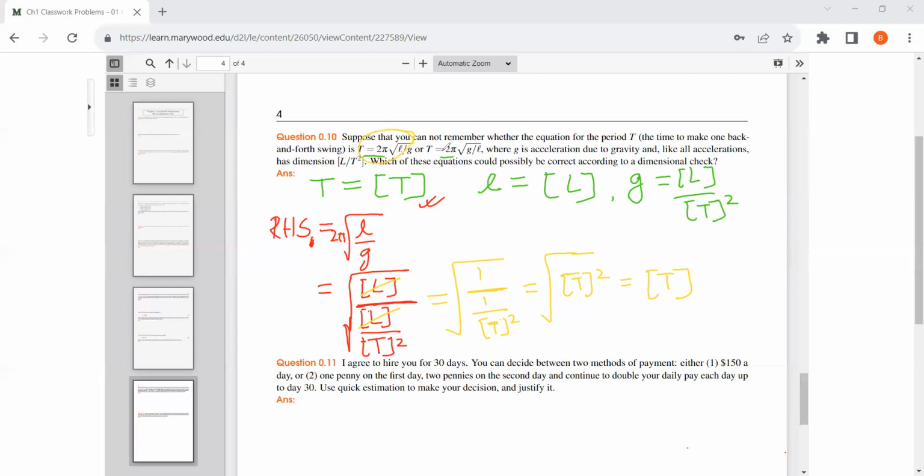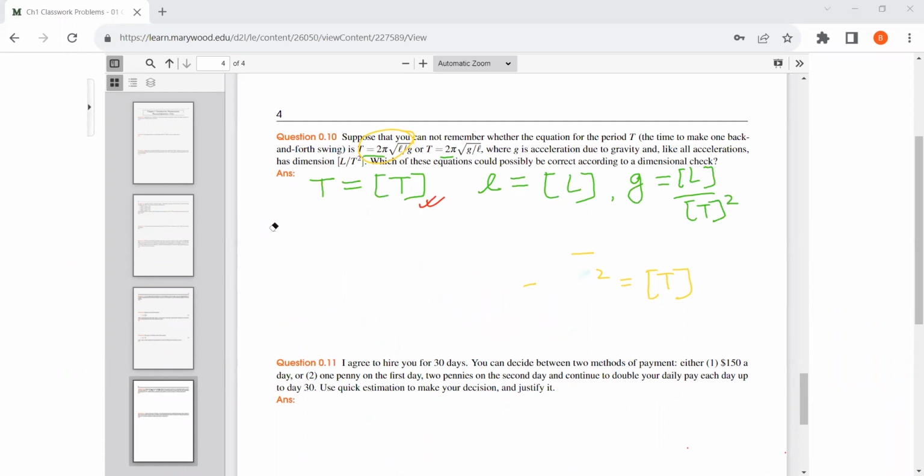When you do the second part, you can check that that equation is not correct. So let's do the second part.